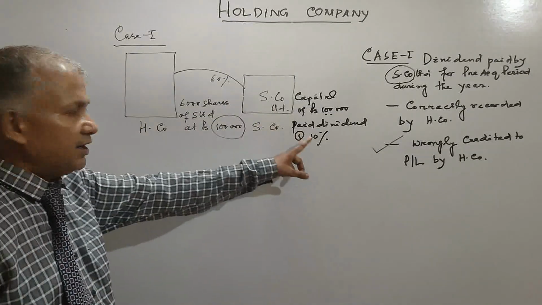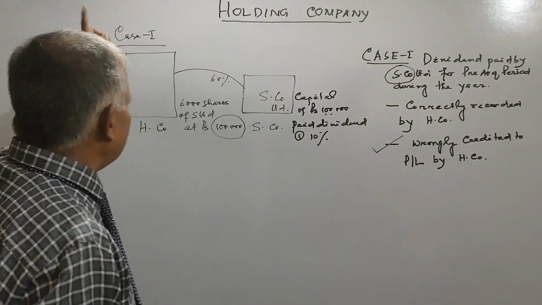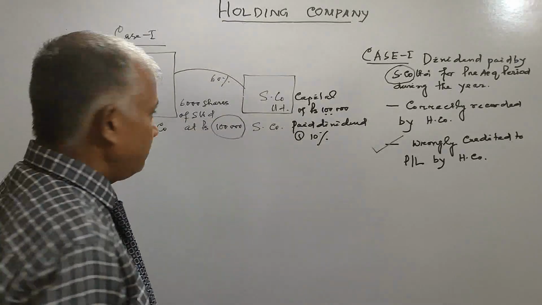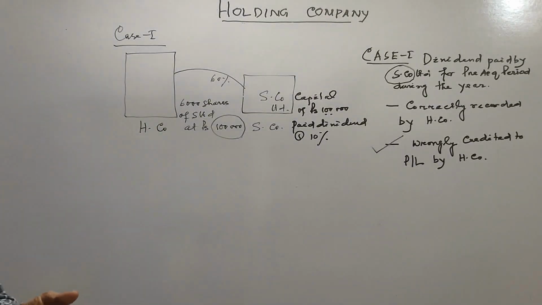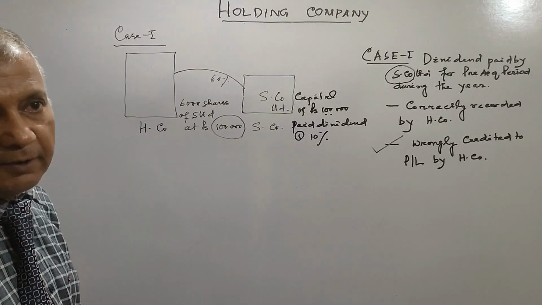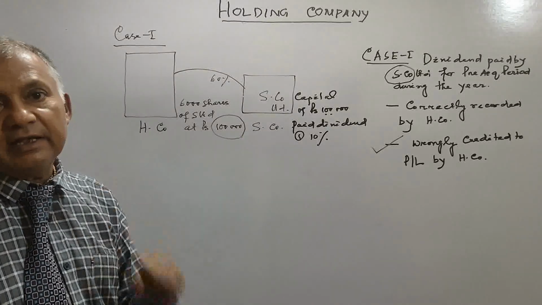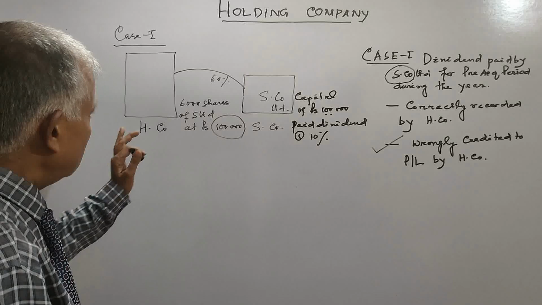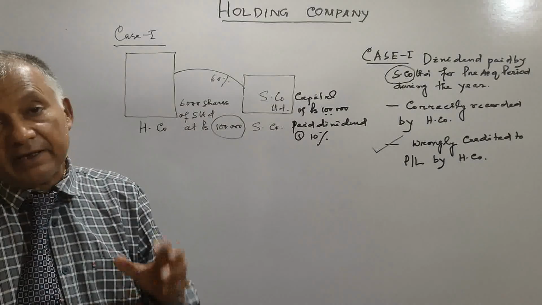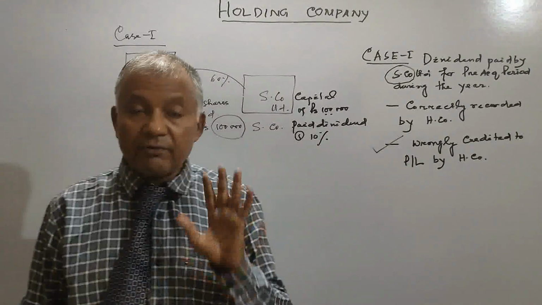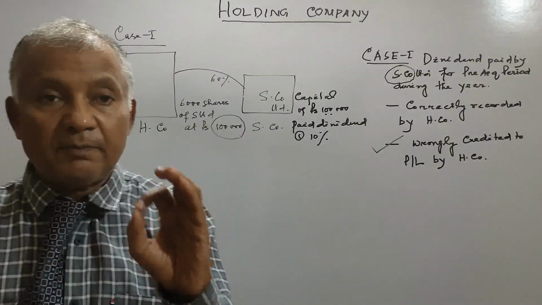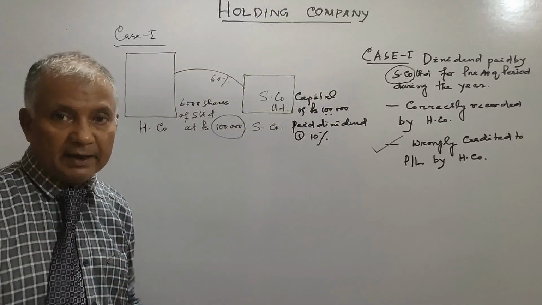So if the subsidiary company paid dividend at a rate of 10% for the pre-acquisition period, pre-acquisition means before acquiring the shares, before controlling the shares, then it is a distribution of capital profit to the holding company.